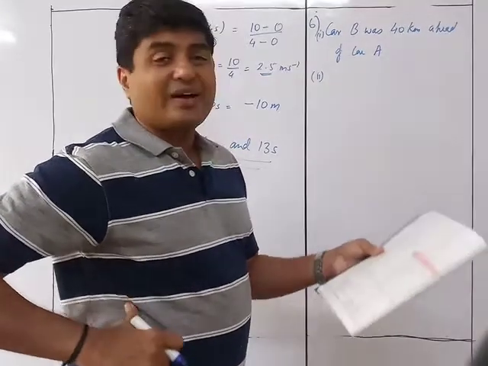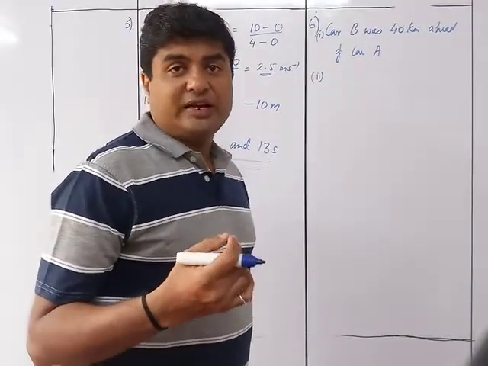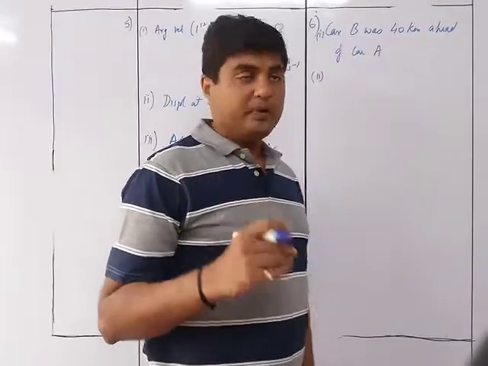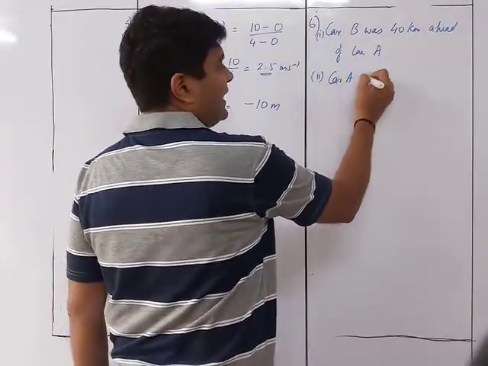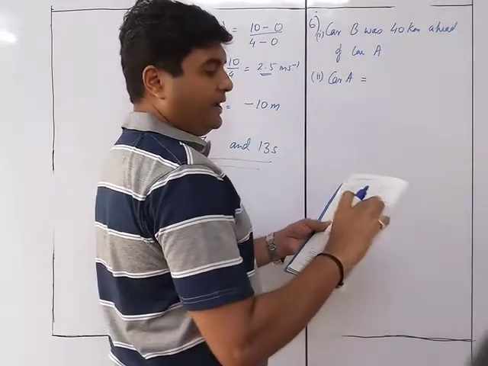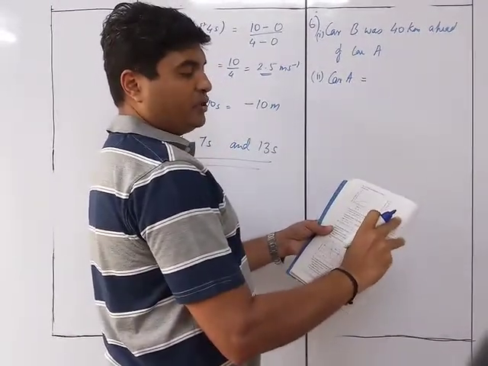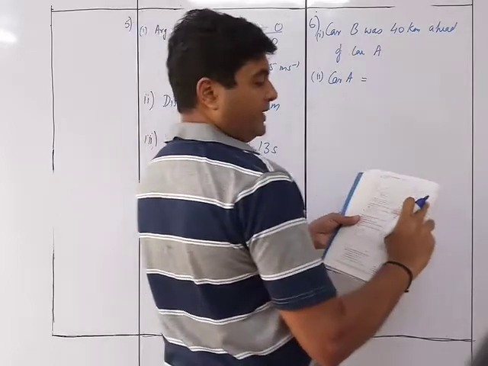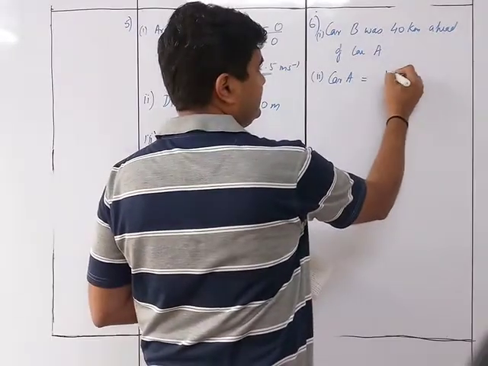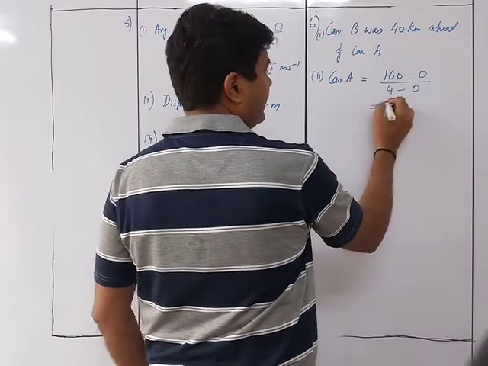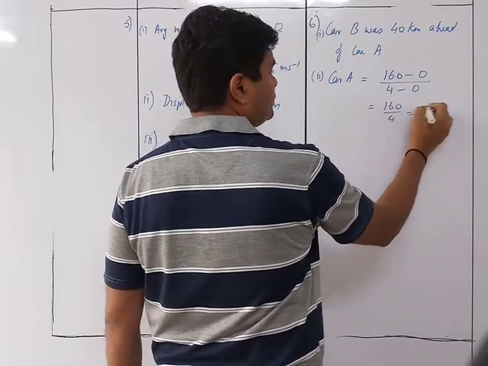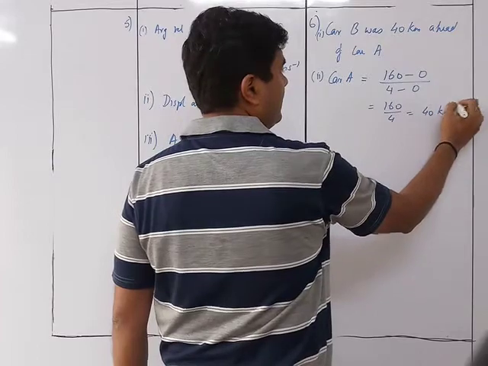Okay, velocities of car A and car B. How do you find out the velocity from the displacement time graph? Slope. So we have got both things. Now car A. If we look at car A, at 4 hours it is 160. So it is 160 minus 0 upon 4 minus 0. That is 160 upon 4, which is equal to 40 kilometers per hour.